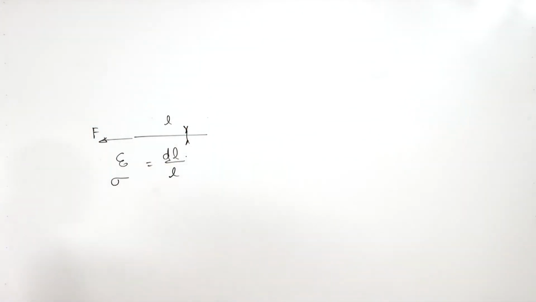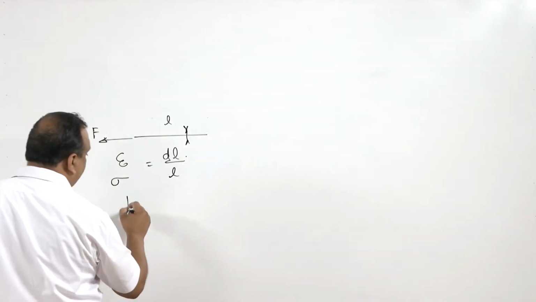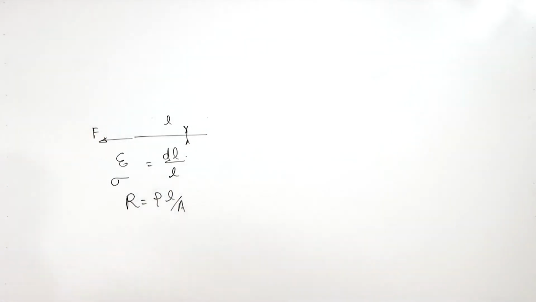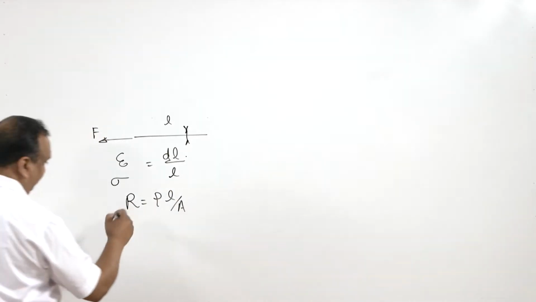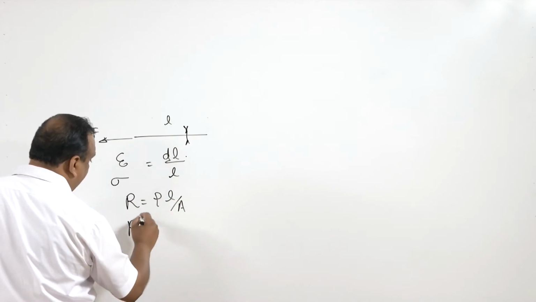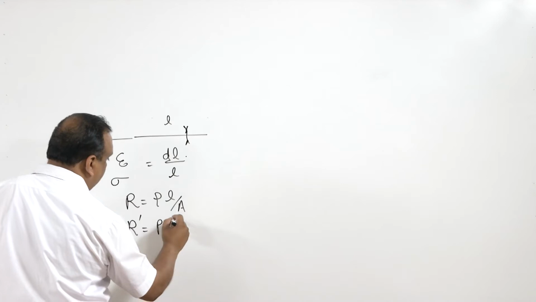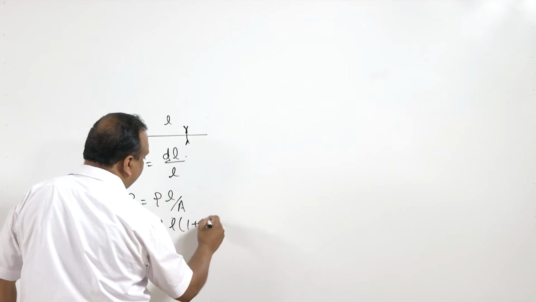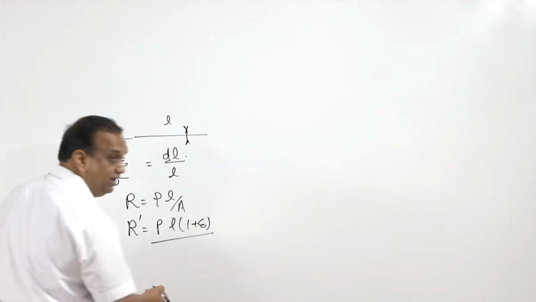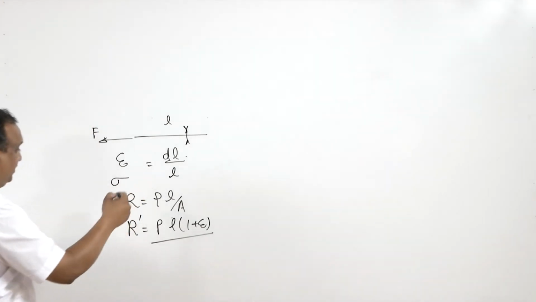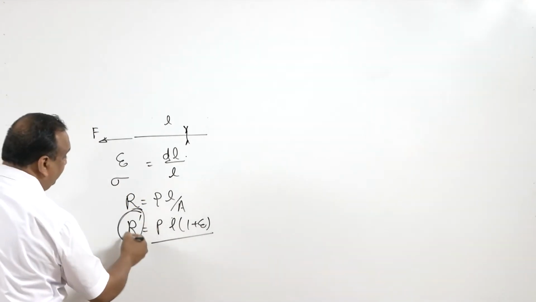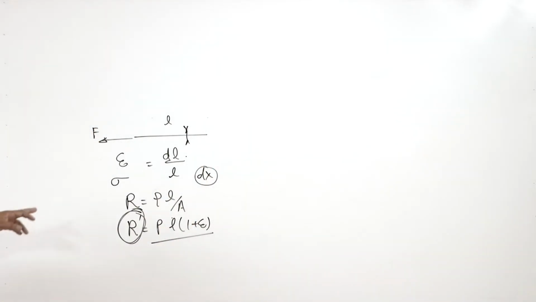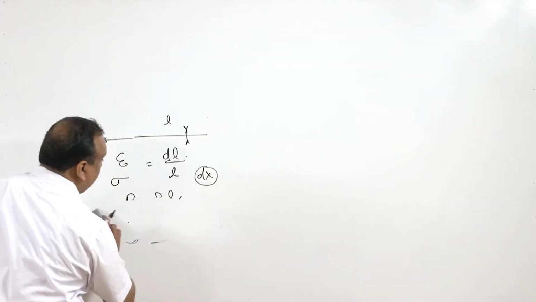If we take the resistance of the wire as rho L by A, where L is the length of the wire and A is the cross-section area, then the resistance will change to R dash, with rho times L(1 + epsilon) divided by the changed area. And this R dash can always be related to the change in the length of the wire. So, in a strain gauge, this is the basic working principle.